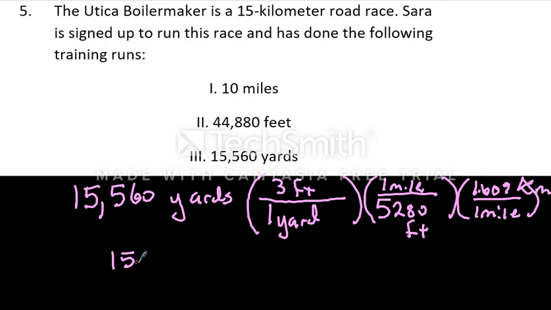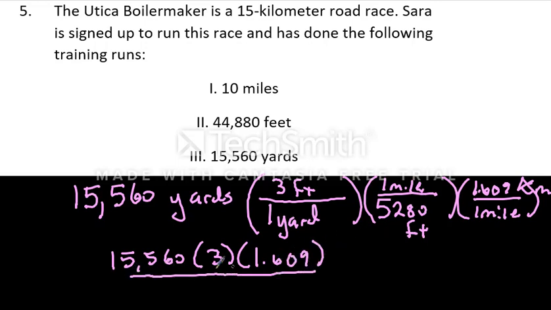So this would be then 15,560 on the top. Also numerator is a 3, and also numerator 1.609. And the only denominator I have is the 5,280. So now I can just divide that out.